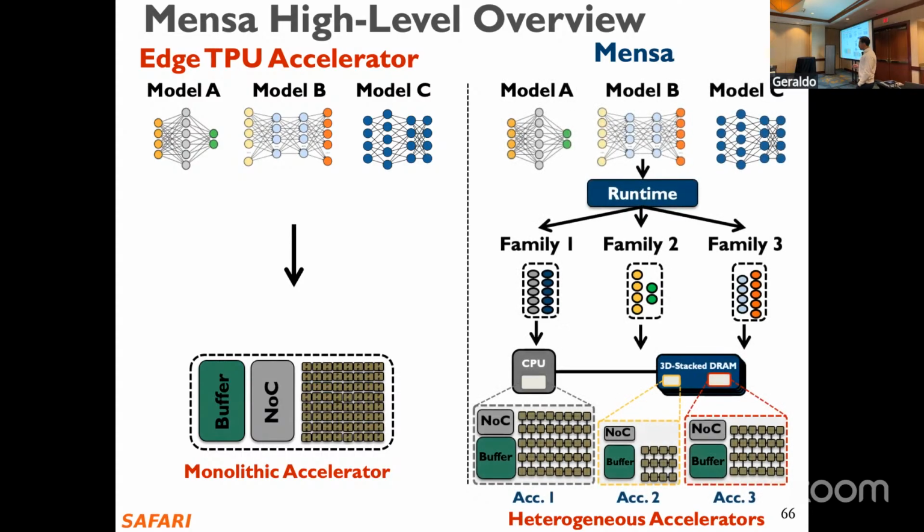What we do for this work is that instead of designing one big accelerator to fit everything, we design different smaller accelerators placed in different portions of the system, so either nearby the CPU or in the logic layer of a 3D stack chip. And then during the runtime, depending on the characteristics of a given layer, we dispatch the computation to the appropriate accelerator.